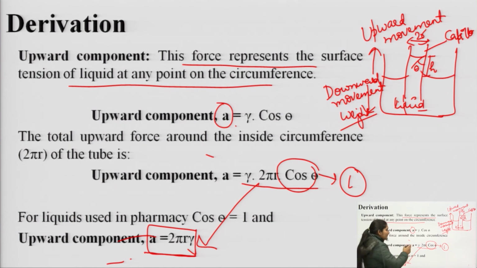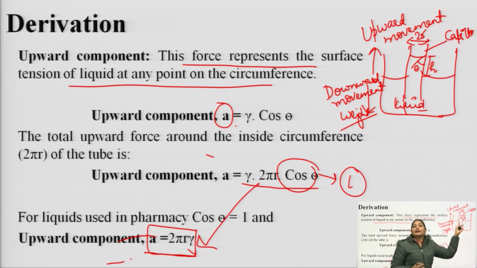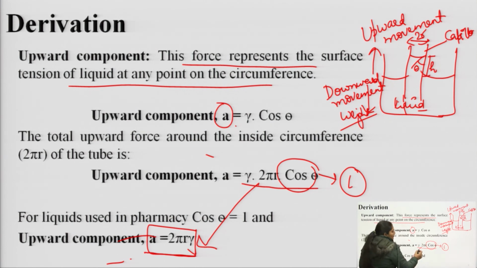This upward force acts around the circumference of the capillary tube, and the formula of the circumference is 2 pi r. So, upward component A will be equal to gamma into 2 pi r into cos theta. For the liquids that we use in pharmacy, cos theta is equal to 1, and the upward component becomes A equal to 2 pi r gamma.